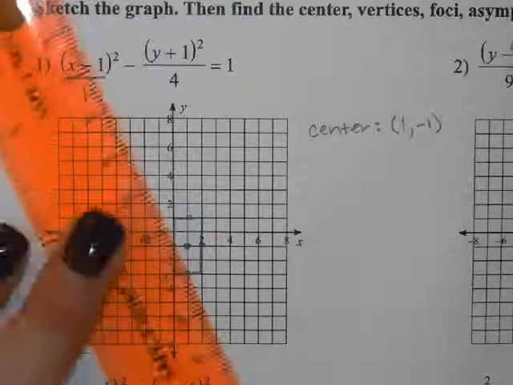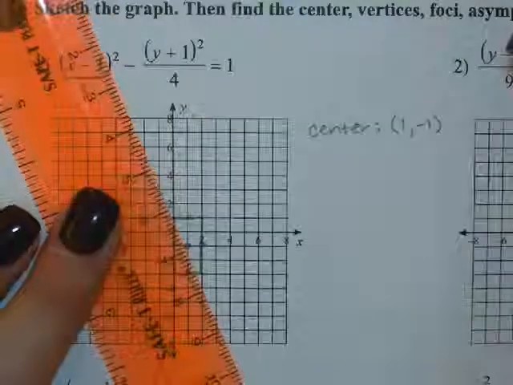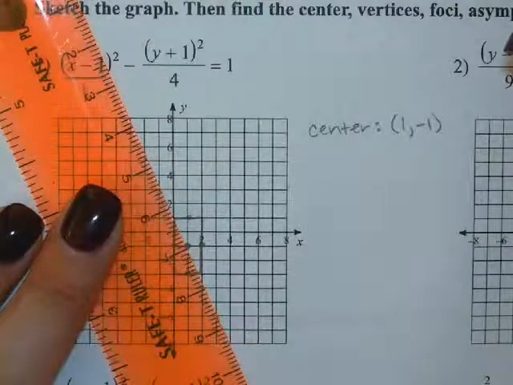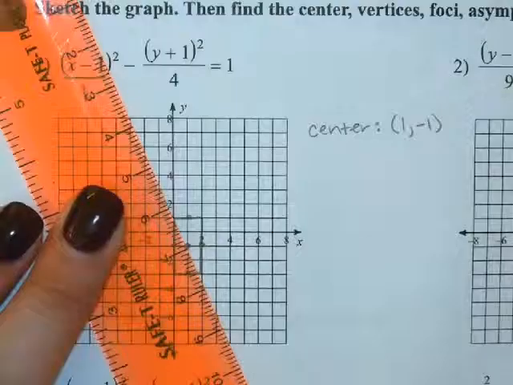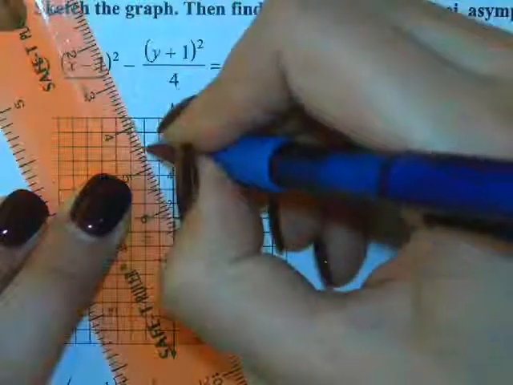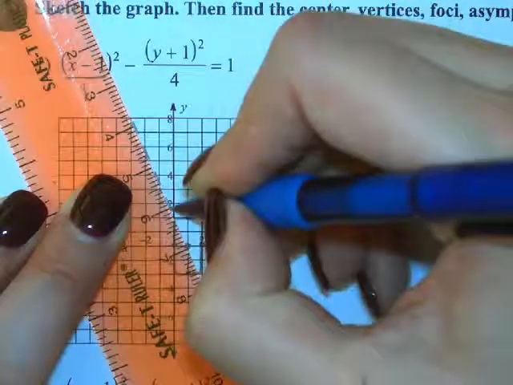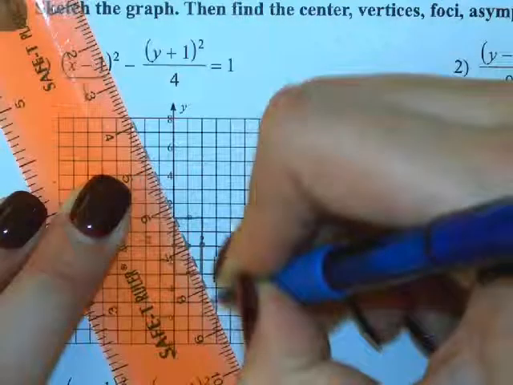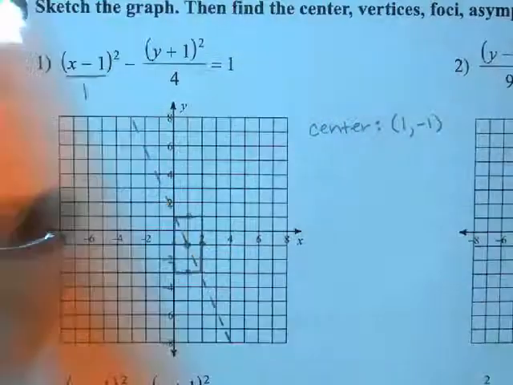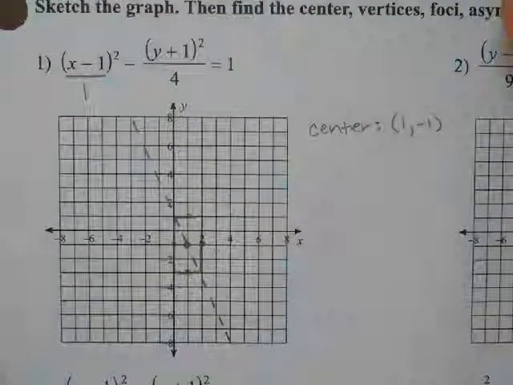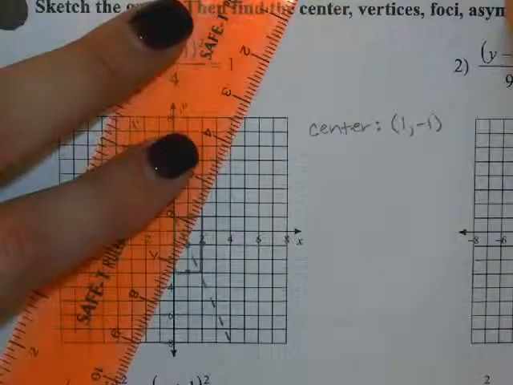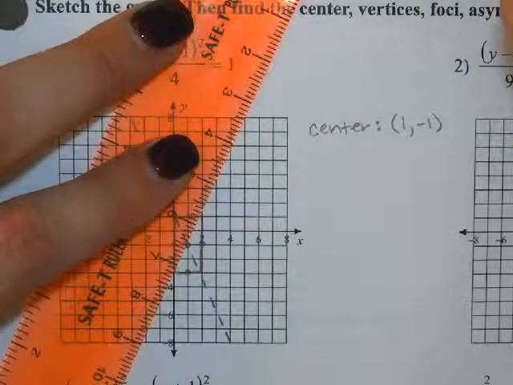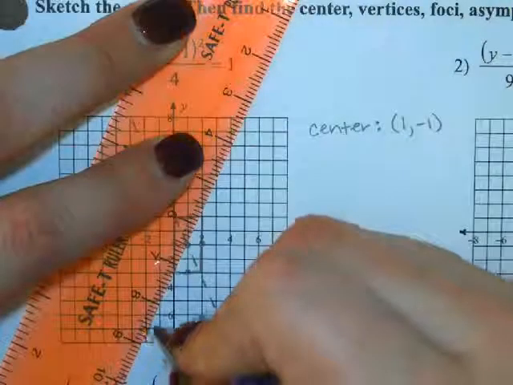So we're going to take our rulers, if you grabbed one, and we have to go through each corner and we have to go through the center. And I'm drawing a dotted line because this is not part of the curve. It would be an imaginary line that the curve is going to get closer to. So there's one asymptote. There's the other asymptote.